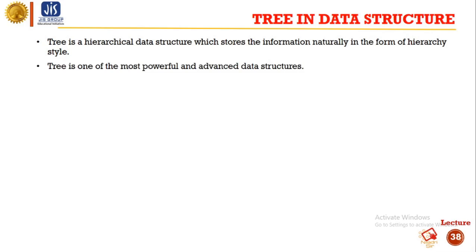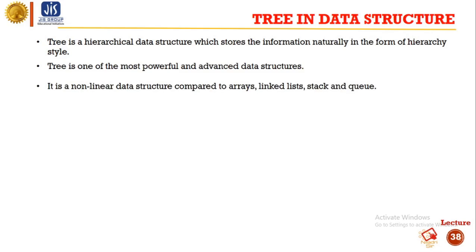Tree is one of the most powerful and advanced data structures. It is a nonlinear data structure compared to other data structures such as arrays, linked list, stack, and queue, which are linear data structures that store data sequentially.